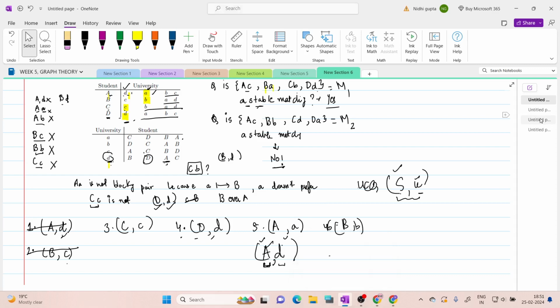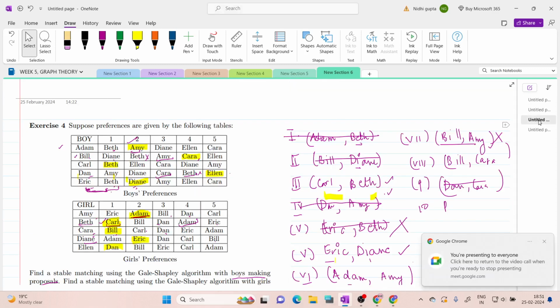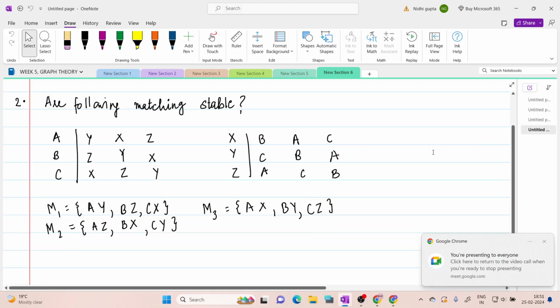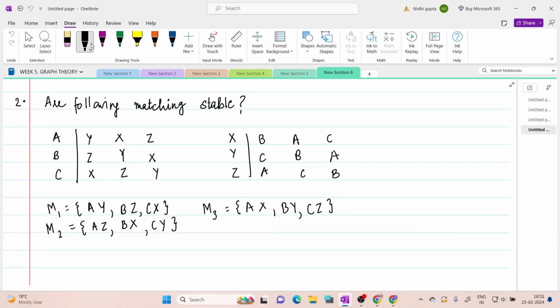Okay, we did that. So now, let's do this last exercise to see if we have understood stable matchings or not. I have these three matchings. We have to say whether they are stable matchings or not.